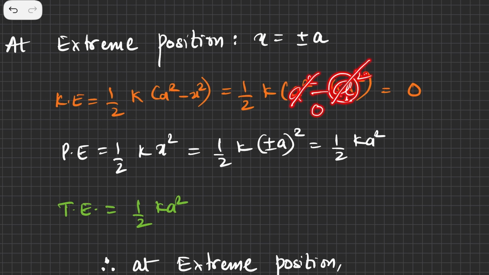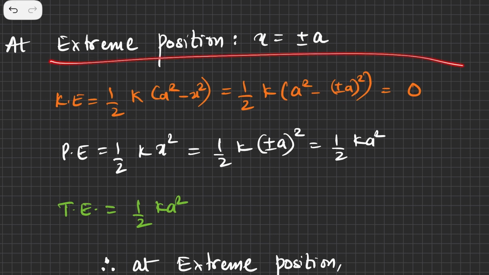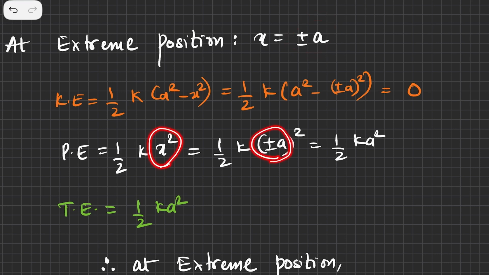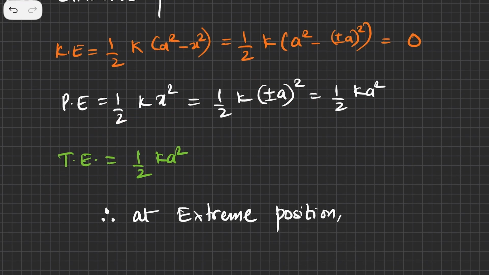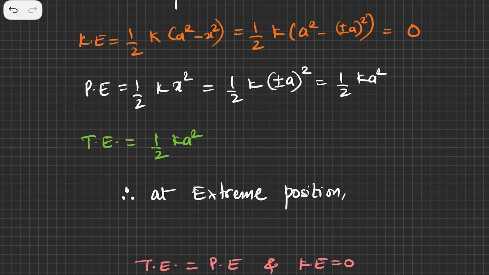So you get a 0 over here, and 0 into anything is 0, so you get kinetic energy at 0 at the extreme position. Now if you put the value of x as plus minus a in the potential energy, plus minus a the whole square, you get half of K a square. So potential energy comes out to be half K a square. The total energy formula is half of K a square, which does not depend on position.